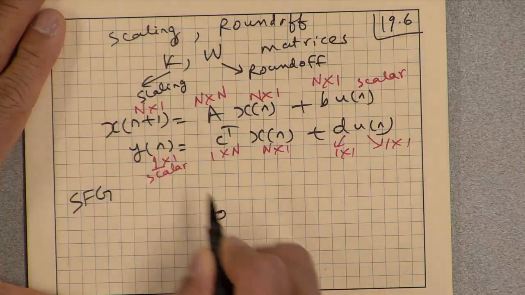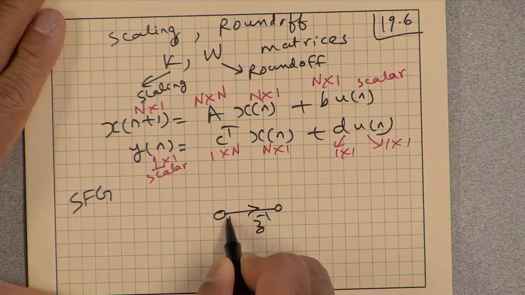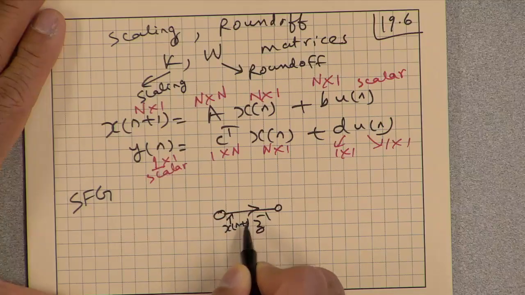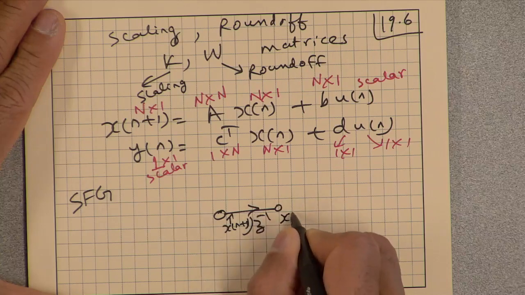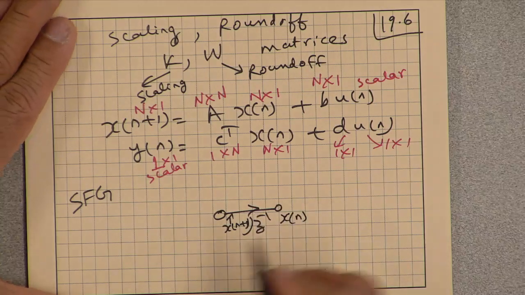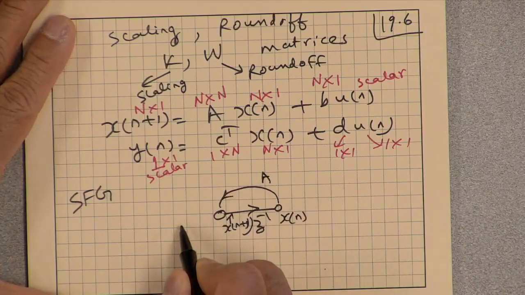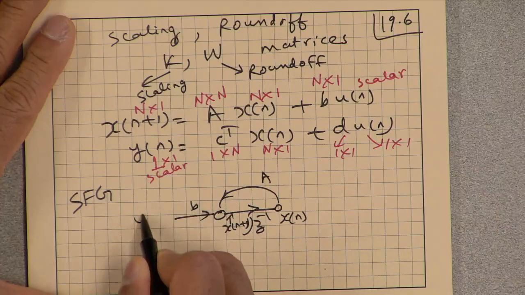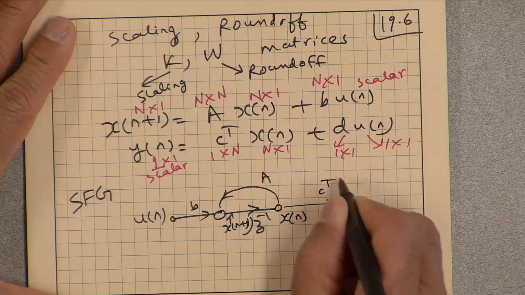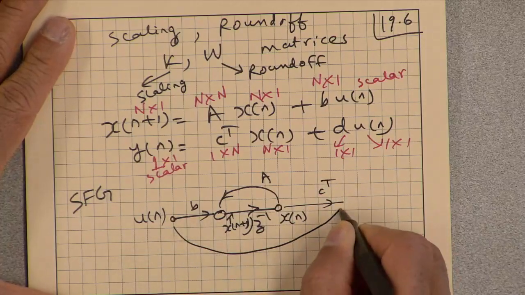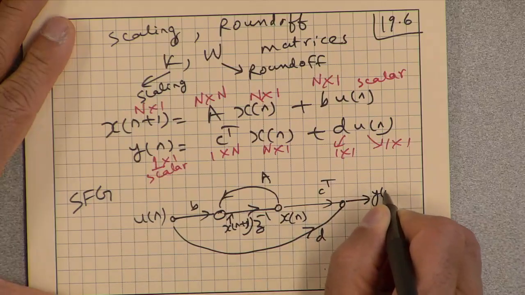The next state x(n+1) comes from the current state x(n) passing through a delay. x(n+1) is equal to A times x(n) plus B times input u(n). The output is C transpose times x(n) plus D times u(n), and that is the output y(n).